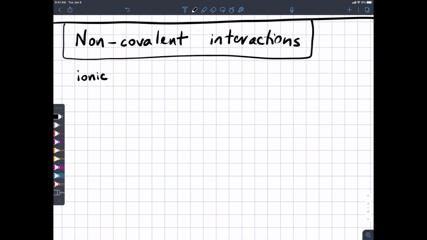We'll call one ionic interactions, and that is just the attraction between a positive charge and a negative charge, right? You may have learned about something called the ionic bond in general chemistry, and whether or not you think about that as being real depends on your frame of reference.